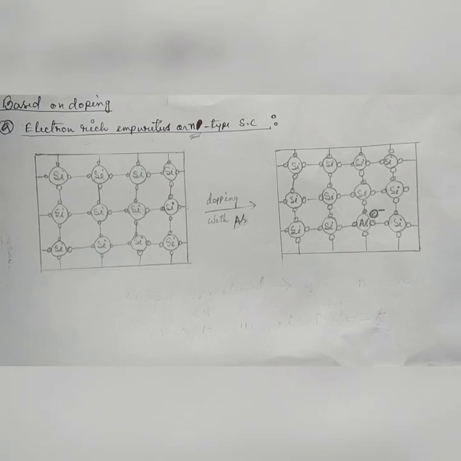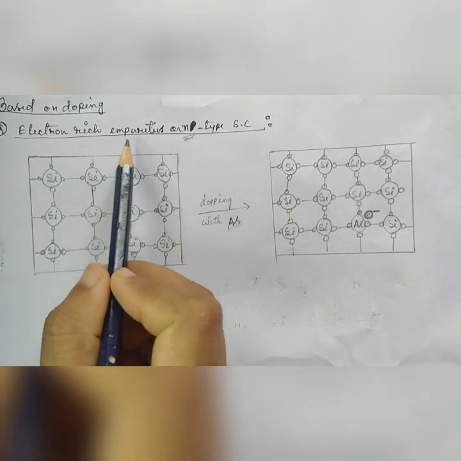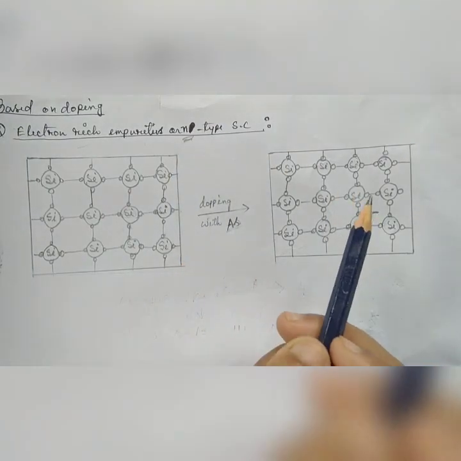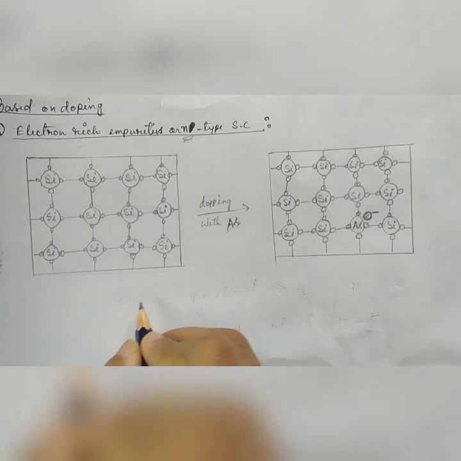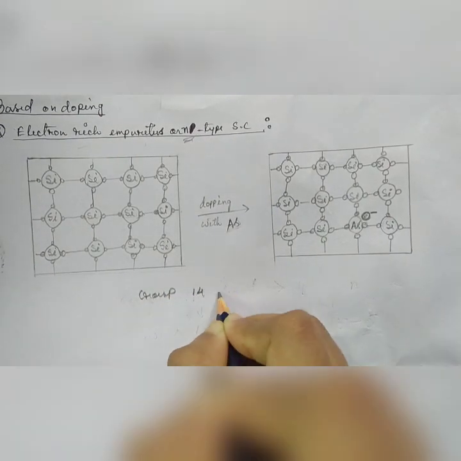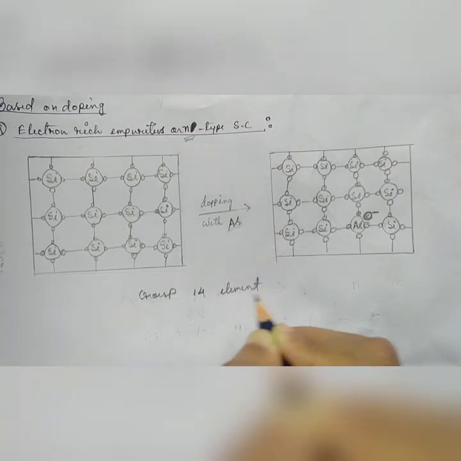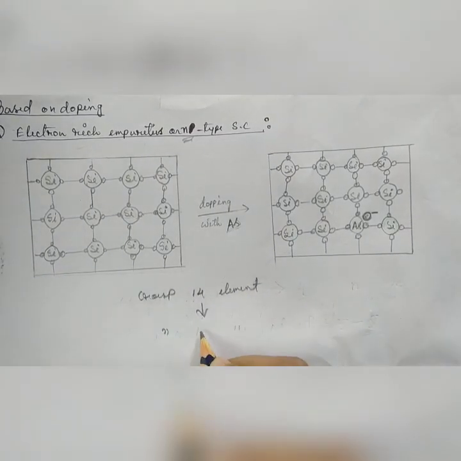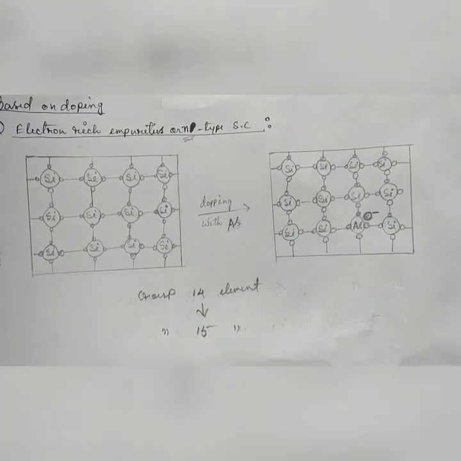Based on doping, semiconductors are classified into two parts. The first one is electron rich impurities or n-type semiconductors. So in n-type semiconductors, group 14 elements are doped with group 15 elements.